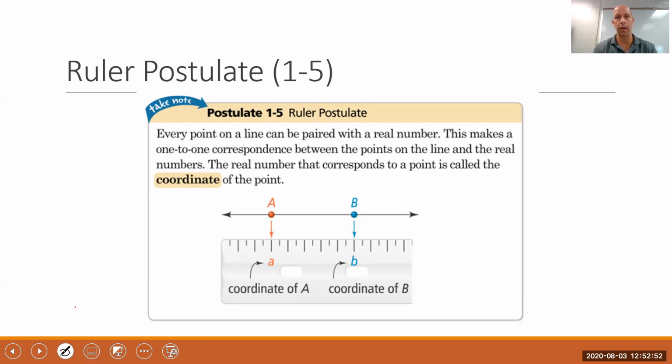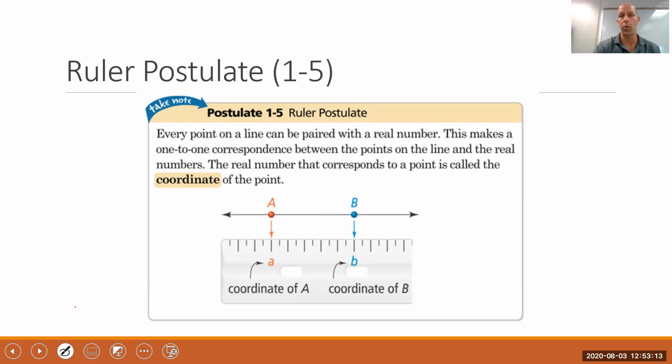To be clear, every point on the line can be paired with real numbers. So this point B could be paired with some real number, depending on whether we're doing inches or centimeters or whatever. There's a one-to-one correspondence, and the real number that corresponds with the point is called the coordinate.